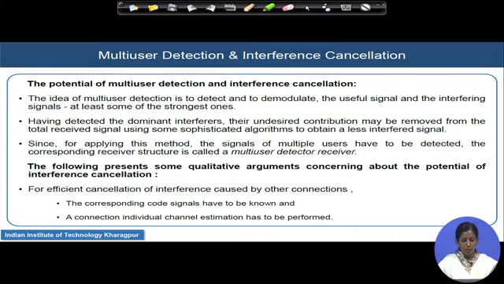And so the whole process involves 2 things. One is you detect the dominant interferers and their undesired contributions. Then you subtract them from the total signal you are receiving and lower down the interference. So, detection is there, and then the cancellation of that interference from the combined received signal.